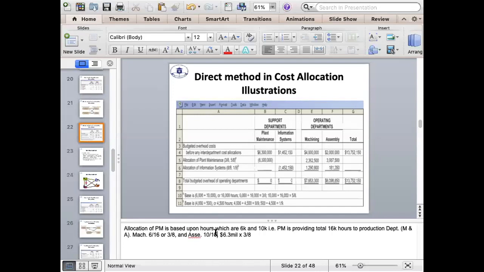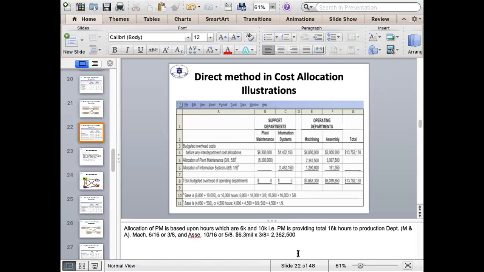Same thing here, 10 divided by 16 or 5 divided by 8. So 6.3 million multiplied by 3 divided by 8, if you calculate it, it will be 2,362,500. So this is the allocation of this number here. That's the way to get this number here.